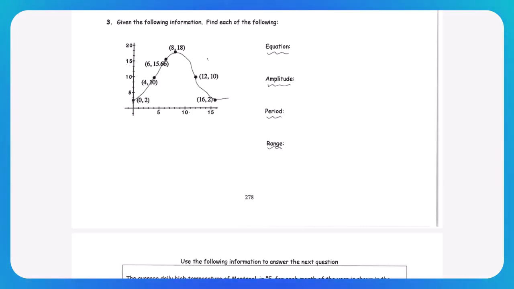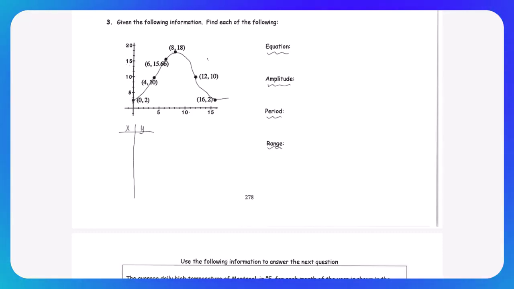Now, it might be nice in cases where they just give you these ordered pairs that we make a little table of values for ourselves so that we're not going back and forth between the x values and the y values when we put them into our list in the calculator.